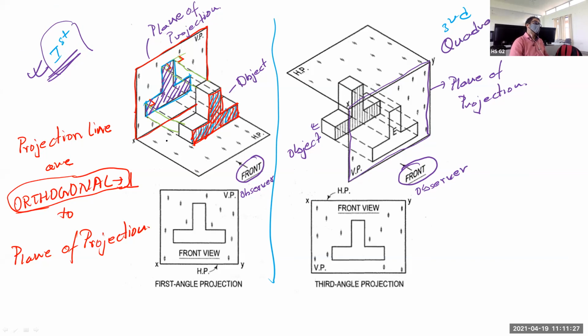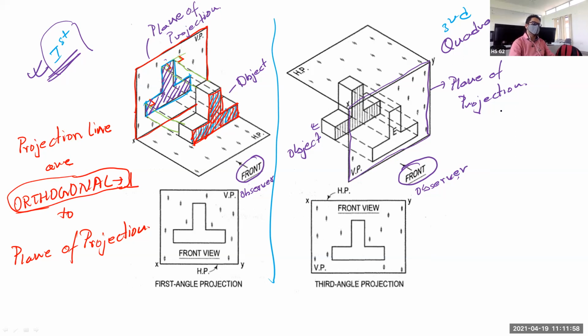Okay, now second difference you can say, in first angle projection method, first observer is there, then object, and then plane of projection. Whereas in the case of third angle projection method, first observer is there, then plane of projection, then your object. Okay, so here you can see the observer is able to see the object despite having this plane of projection in between them.